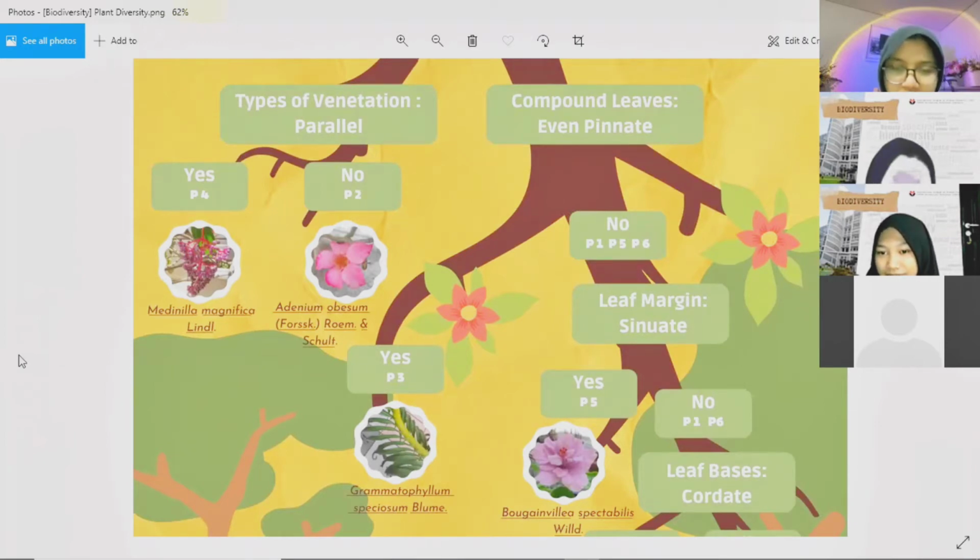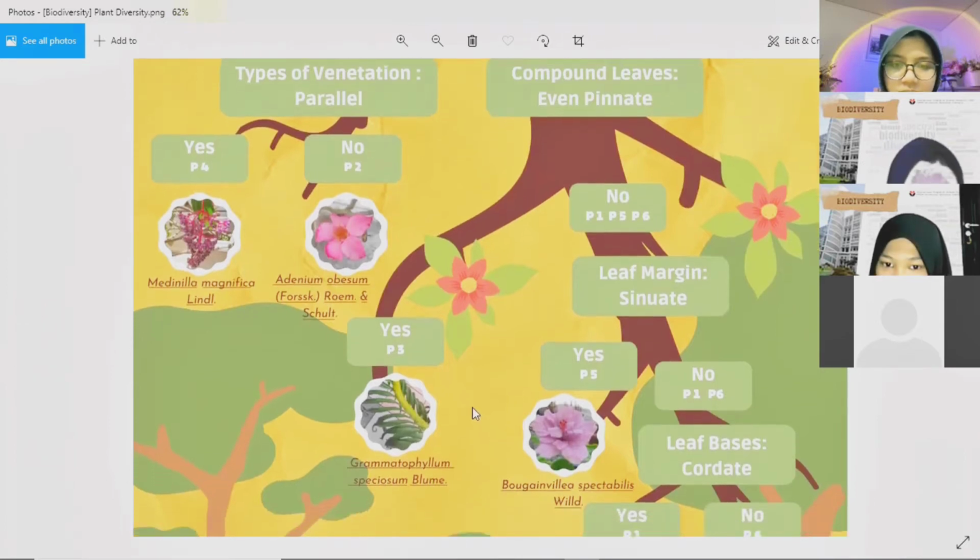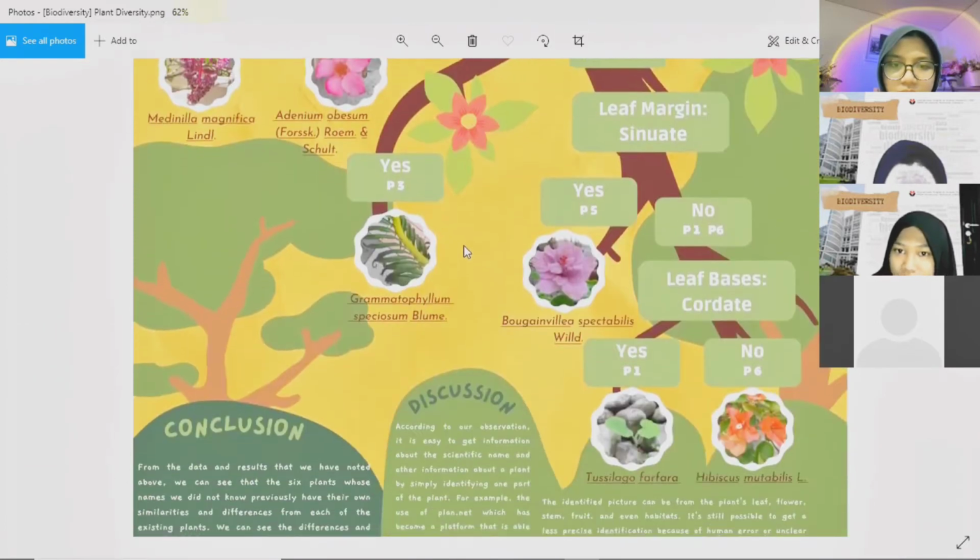You can see P3 is the plant Grammatophyllum speciosum, and for the plants P1, P5, and P6, we can divide them by leaf margin, whether it is sinuate. The sinuate leaf margin is P5.